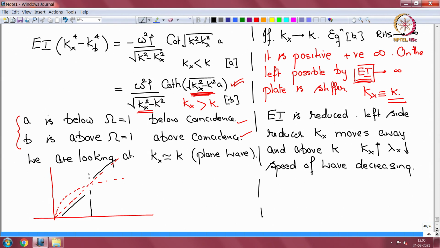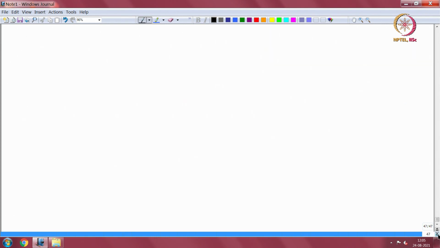Now below coincidence, again we will keep kx close to the plane wave k.